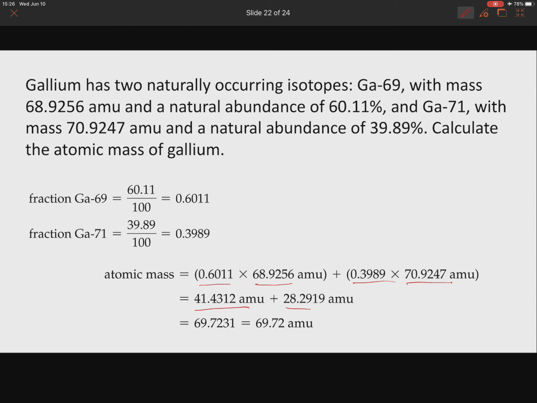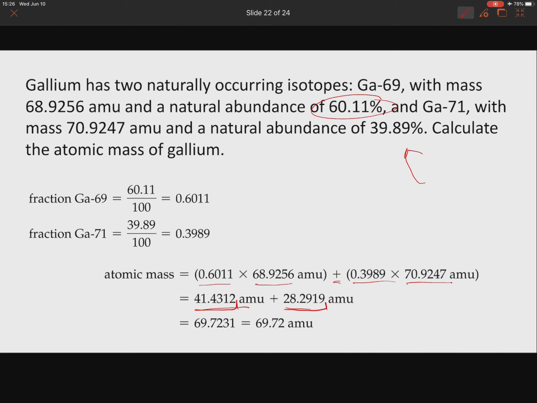We add those together. Now, going back to the number of sig figs, the number of sig figs here would be 4 for our limiting number. But then it becomes a decimal point problem for the second step. Here you see it's 4 places past the decimal. 4 places past the decimal. So then we'd do that.